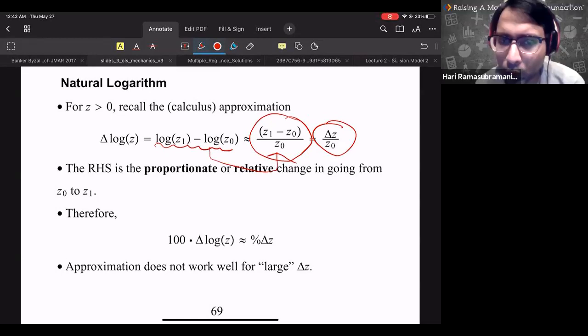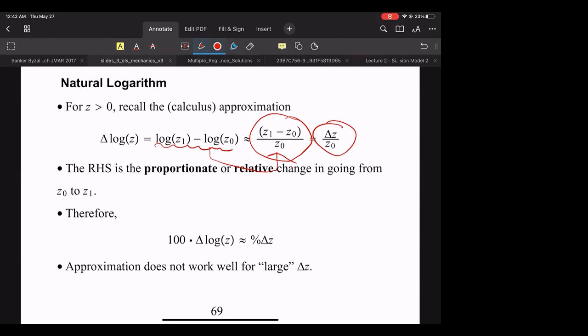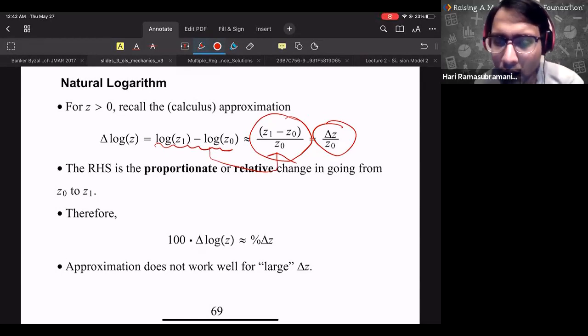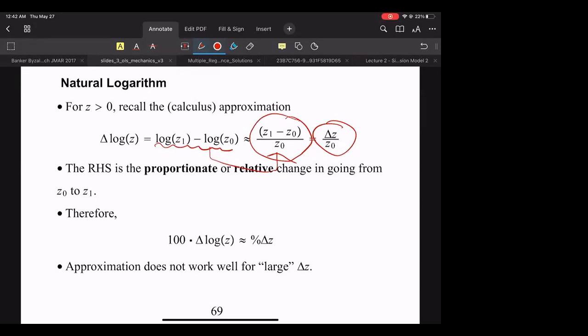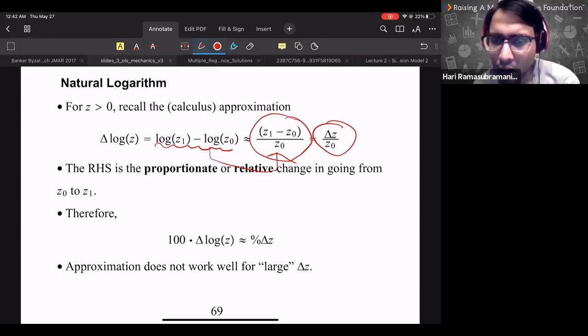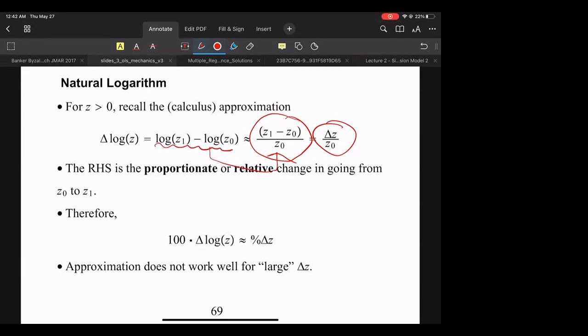Okay, so let me phrase this properly. We can simply estimate dy by dx as delta y by delta x, right? So yes, delta will be approximately delta x into the derivative of log z.